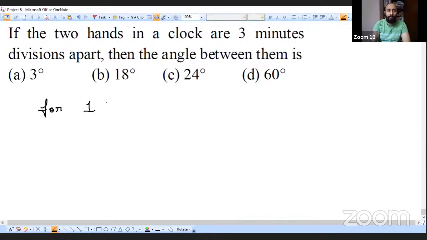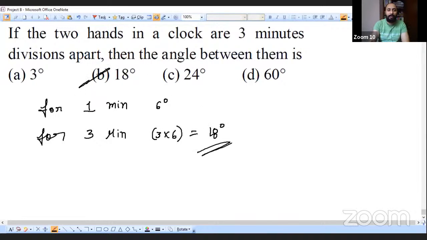Each minute makes 6 degrees. So in 3 minutes, how much will it make, people? 3 into 6 is how much? 18 is the answer. 18 degree.